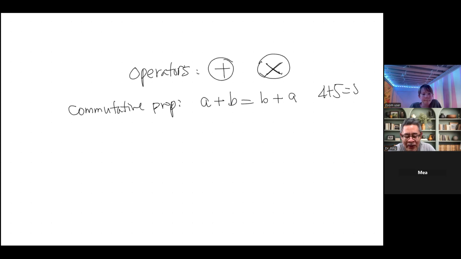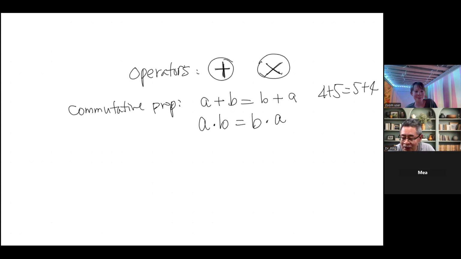That's what we call the property of addition: when you add something, what does that do? Now for multiplication, similarly, the order doesn't matter. A times B is the same as B times A. So those are the first two rules.